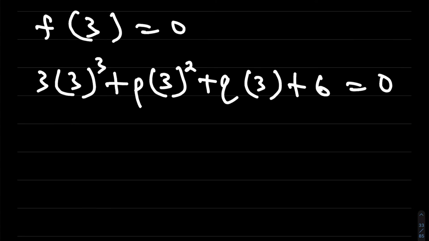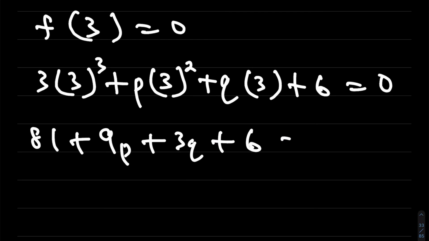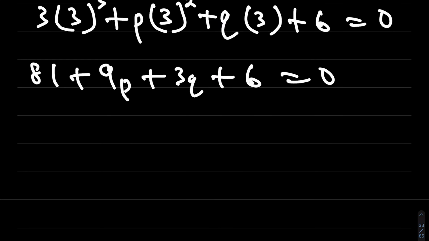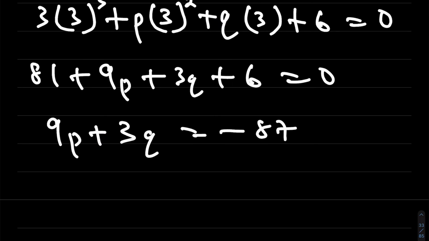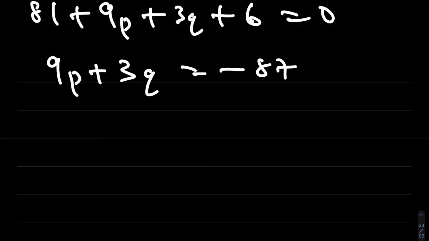That's correct. This simply means 27 times 3, 81, plus 9p plus 3q plus 6 equals 0. And that means 9p plus 3q equals minus 87, since 81 plus 6 is 87 and it becomes minus 87 on the right hand side. Then what do we do? Can 3 go in any of them?